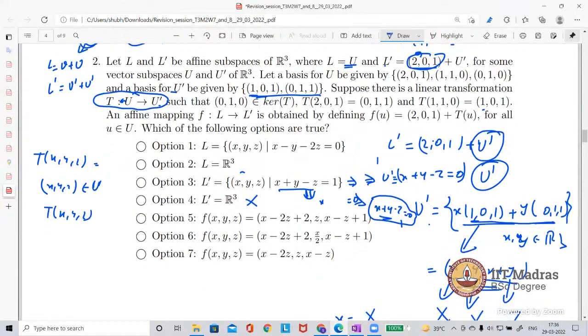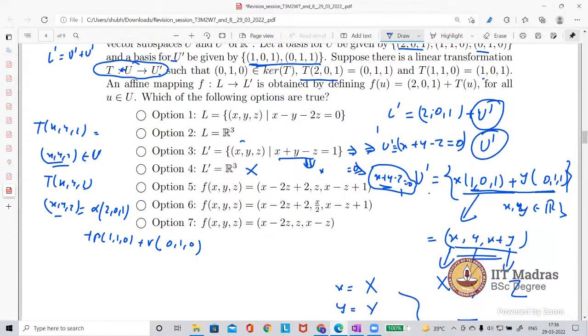If I take a vector x, y, z, the images are given according to the basis, this one and this one. So you have to change this vector according to the basis. Express this vector as alpha times 2, 0, 1 plus beta times 1, 1, 0 plus gamma times 0, 1, 0.